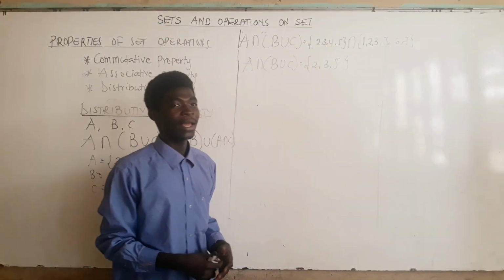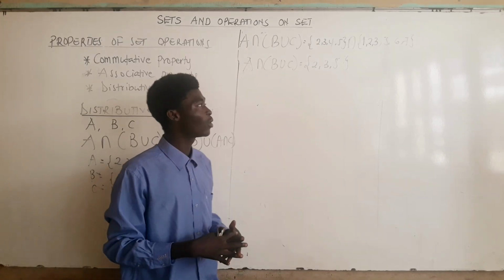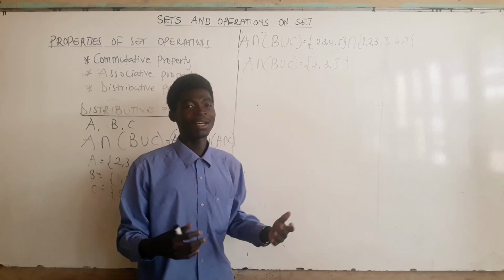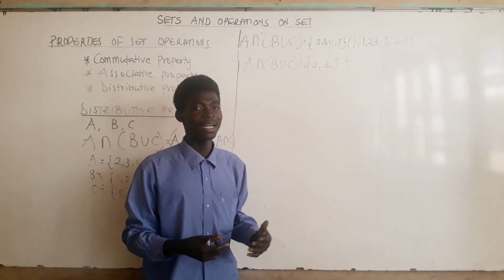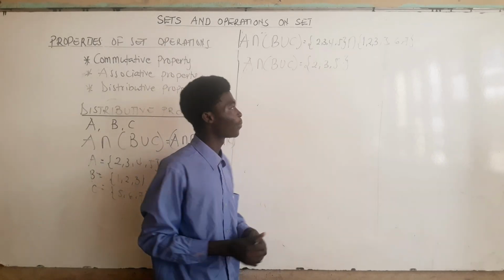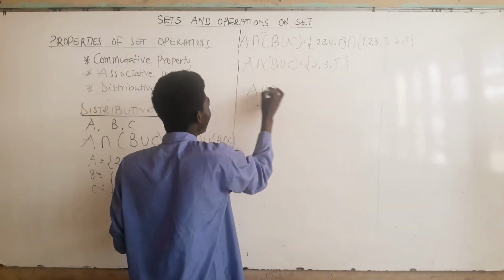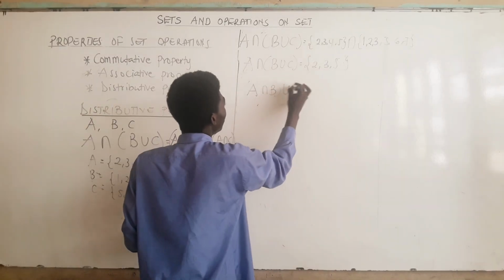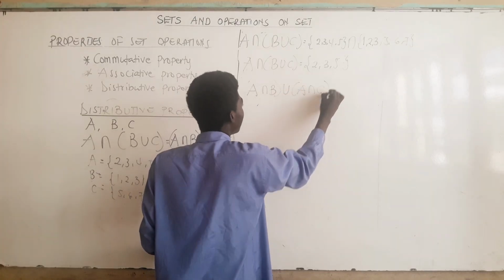So, if the intersection distributes over the union, the result is going to be 2, 3, and 5. Now, let's check the other way, when the union distributes over the intersection. That would be A intersection B union A intersection C.